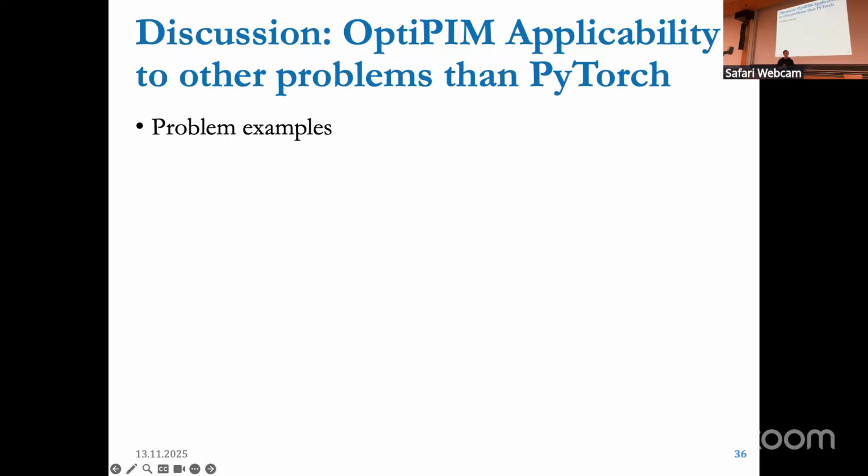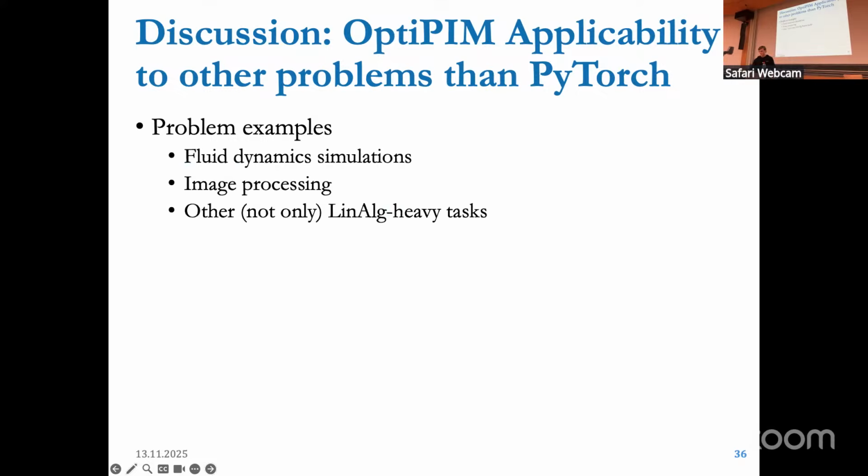So there are two things that we could do with that. Either we transform our problem, we compile it down to the linear dialect from PyTorch. The other thing would be to adapt OptiPIM to not only take this linear dialect, but also take our custom dialect.